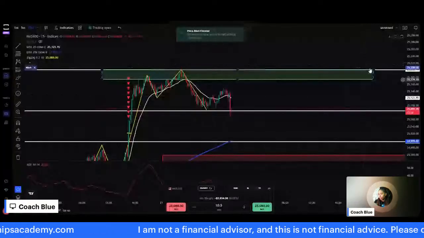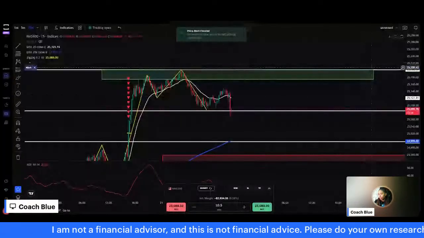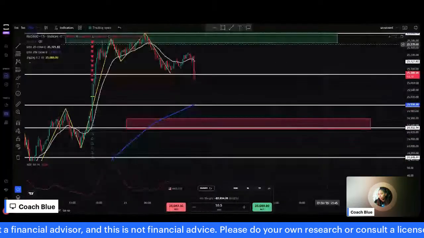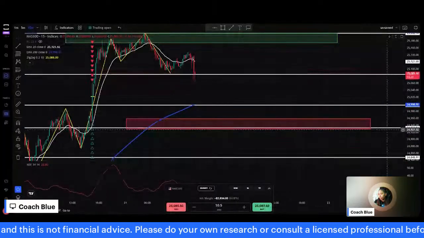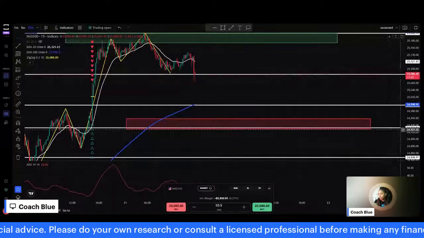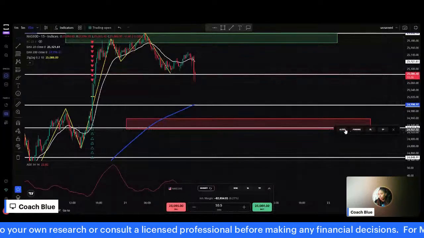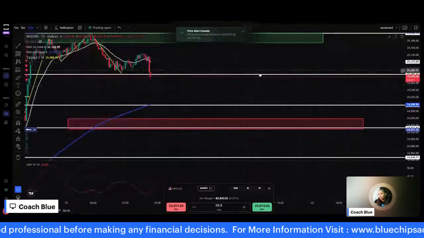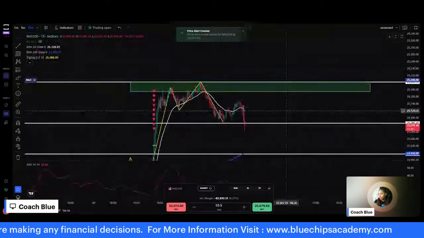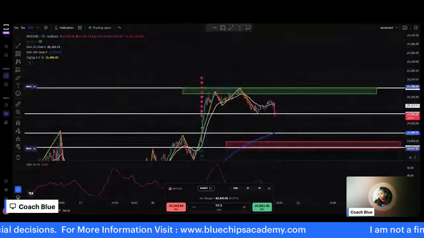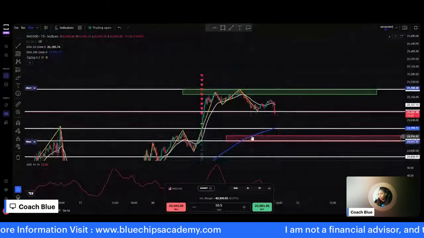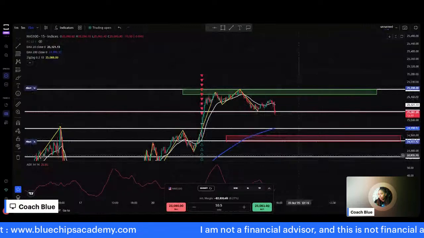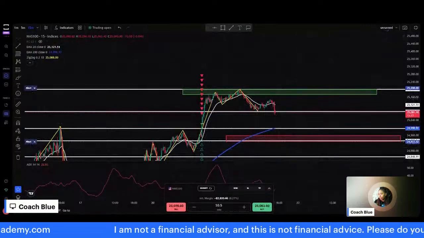So 25206, and then 24249.27. Those are my two levels right there. We'll see if we get any action right now. We in the dead zone right now, so we'll see if price wants to pick up in the next hour or so, and then we'll go from there.